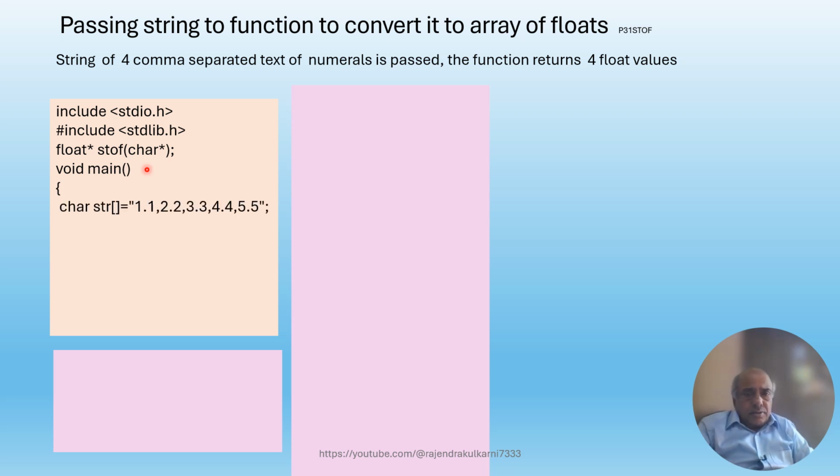In the main, there is a string assigned with the values 1.1, 2.2, 3.3, 4.4 and 5.5. So this is a string in which numerals are present, separated by commas, but in the text format. Now we want these text formatted numerals to be converted into float formatted numerals.